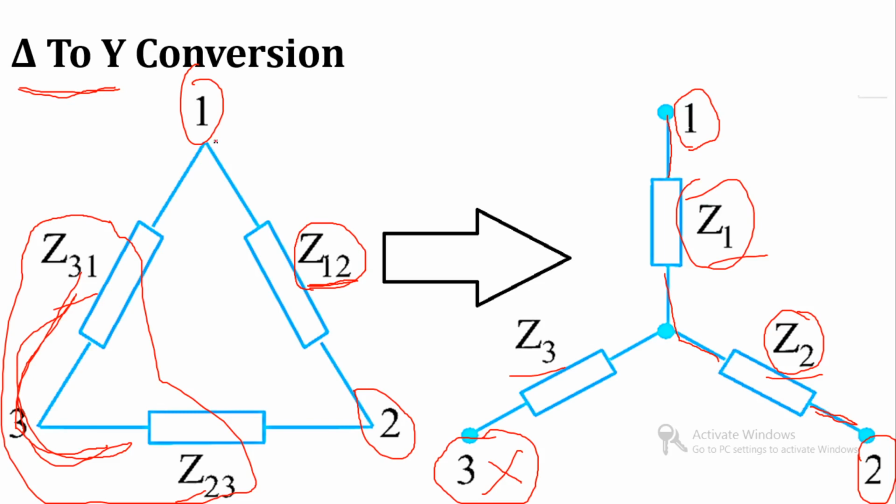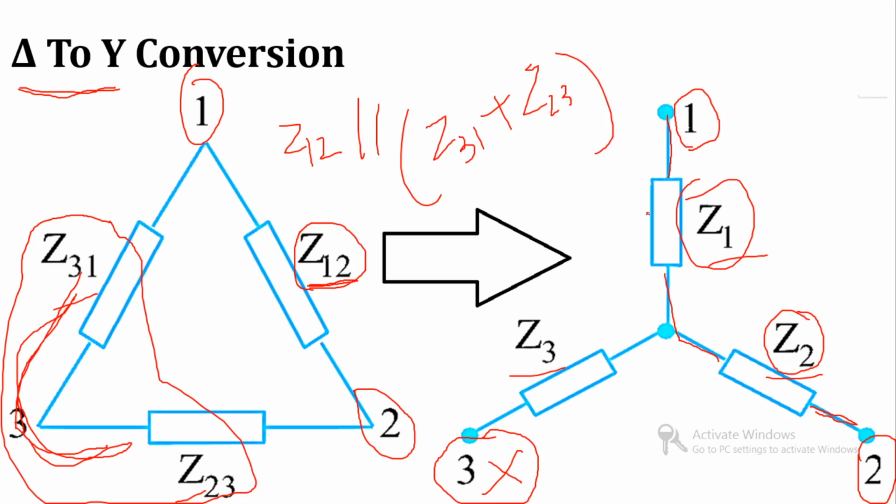So for delta connection, Z12 is in parallel with Z31 plus Z23. This is the condition for delta connection, and for star connection the condition is Z1 plus Z2.